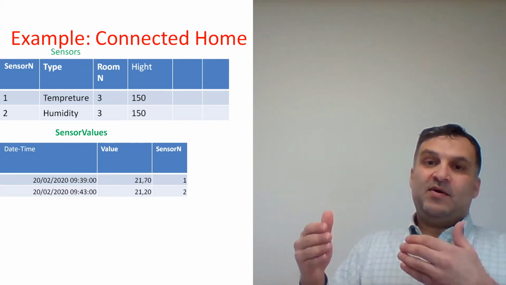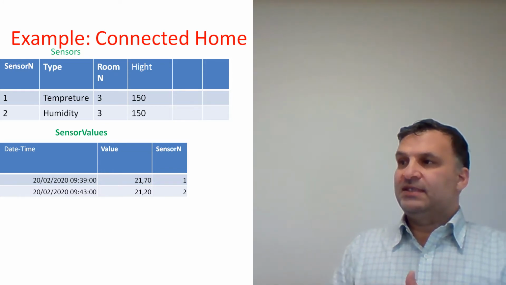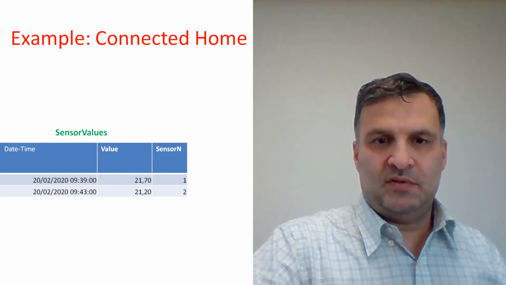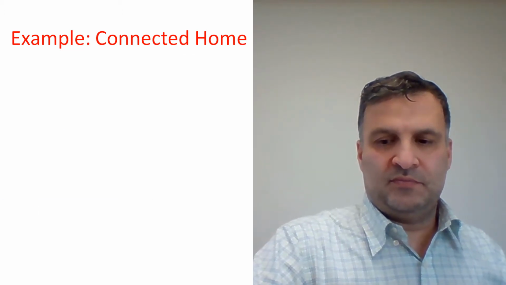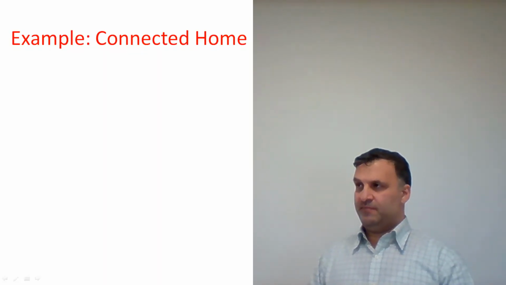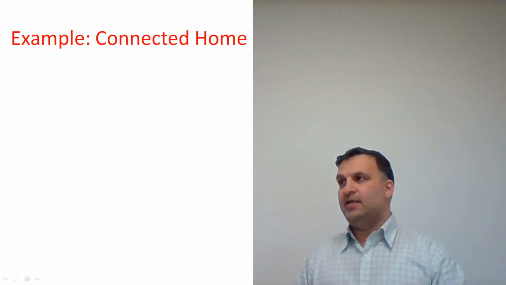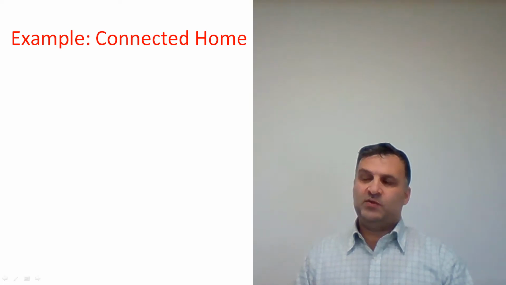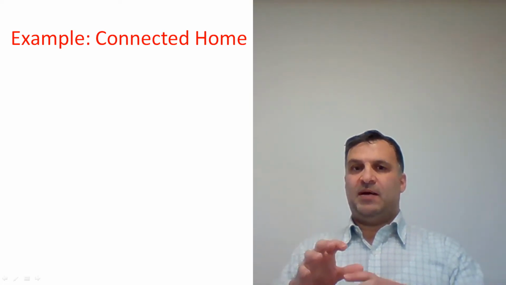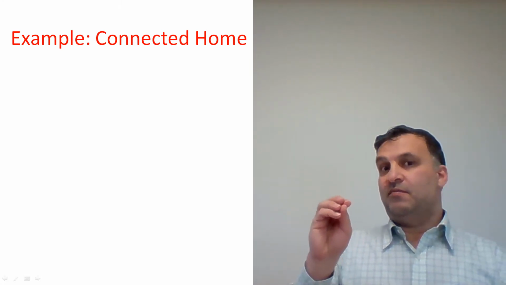So we may have different types of tables. We extract our examples most of the time from our project Connected Home. We know that in this project we put sensors in apartments or in buildings, and we fix them.